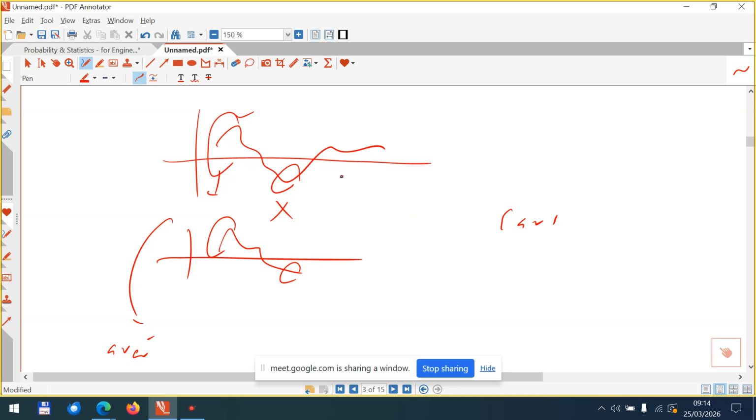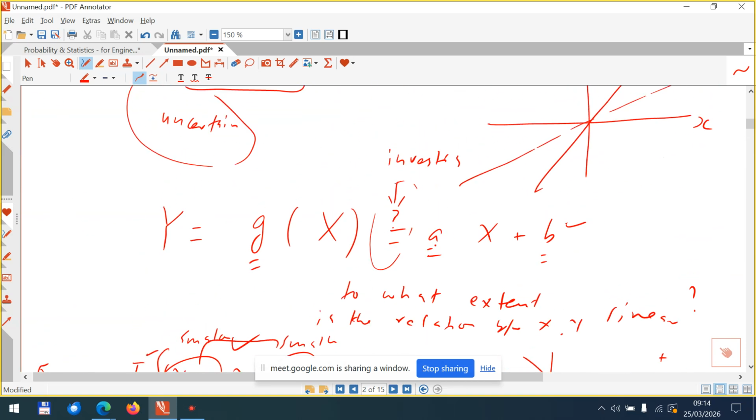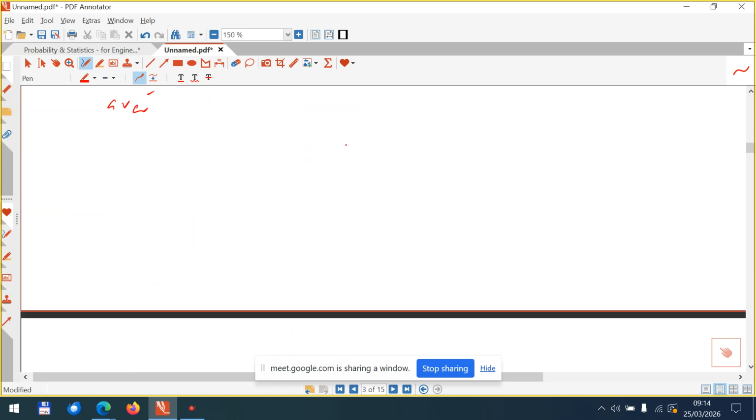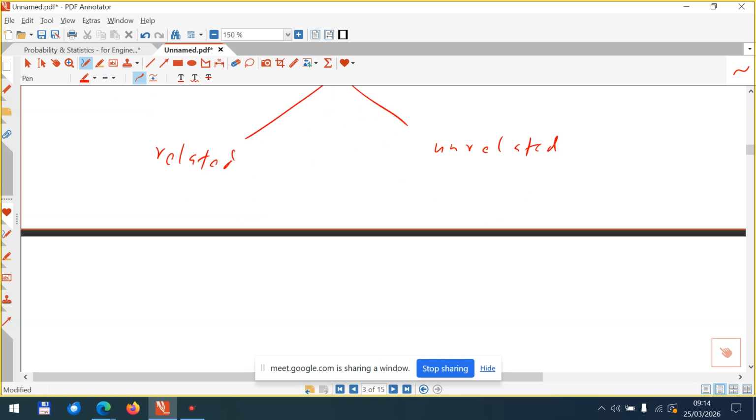But if they are not related, which means they don't have any linear relationship, their relationship is either non-linear or they are not related at all. So if I have a possibility diagram for x and y, there are two possibilities: either they are related or unrelated. And in related, you are asking two further questions: is the relationship linear or non-linear?